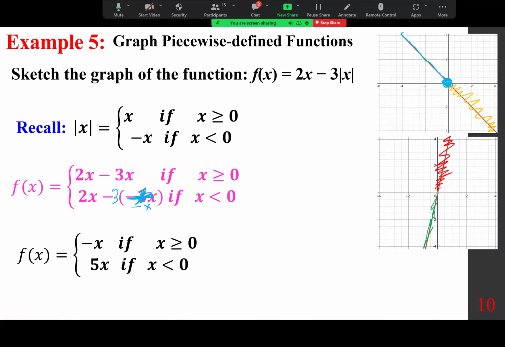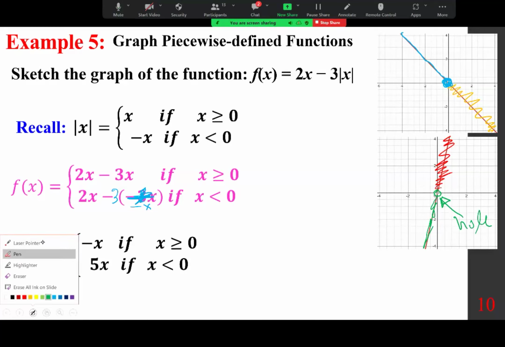This is the solution. And there is a hole here. So again, this means this portion and 0, 0 is included. This means this portion and 0, 0 is not included because we don't have the equality.